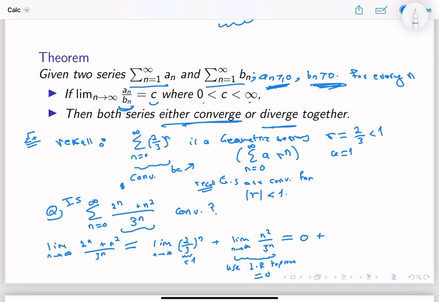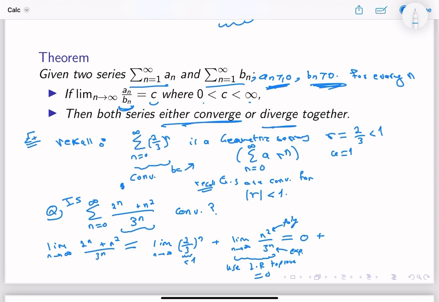But I remind you how to remember this. This is an exponential, and this is a polynomial. Remember me telling you that exponentials always beat polynomials? They're stronger and faster than polynomials. So 3 to the n is going to infinity, n squared is going to infinity.